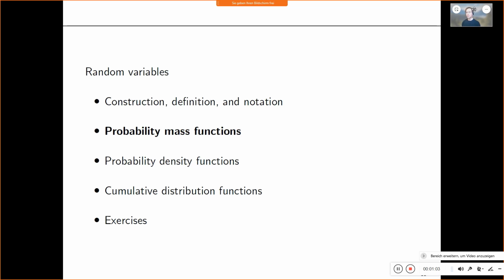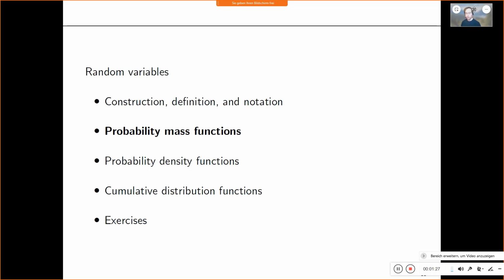Distribution functions per se are not really something. They are called cumulative distribution functions. There is the notion of a probability function defined on these elementary outcome spaces, but that's something that we don't talk about. So let's focus now on what is actually relevant, namely probability mass functions, probability density functions, and cumulative distribution functions.